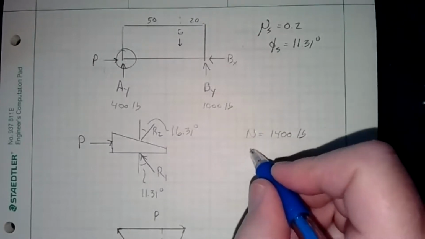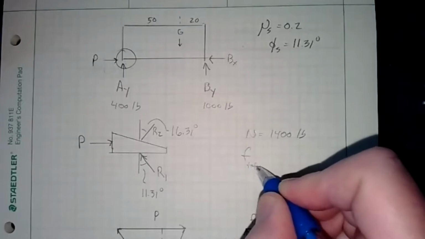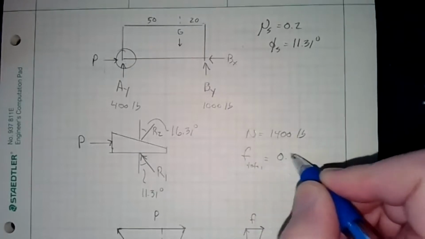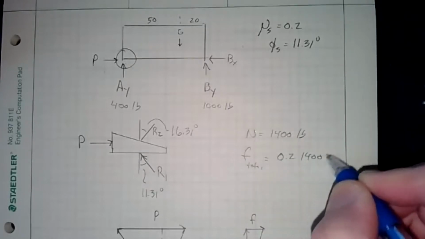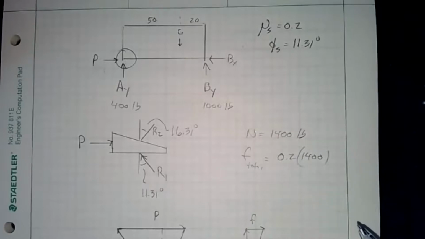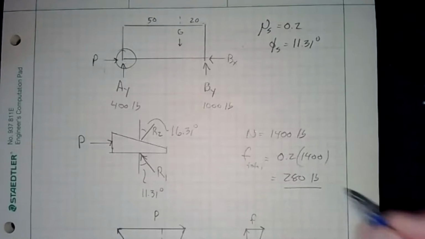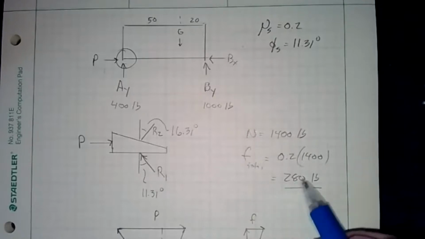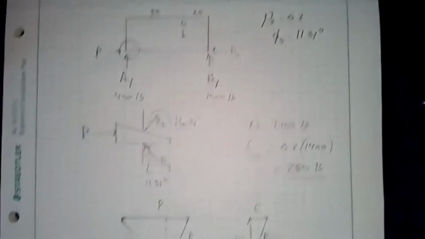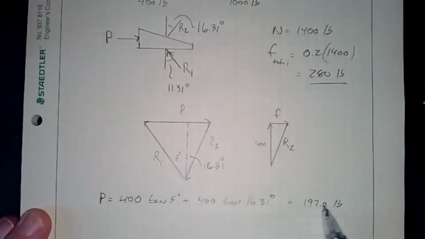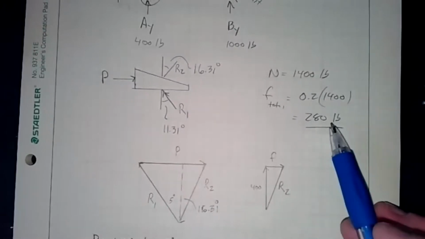So the total friction force is going to be 0.2 of 1,400, and that gives me a value of 280 pounds. So 280 pounds is how much force I'd have to exert in order to move that block. And that's only 197. So as a result, it doesn't move.